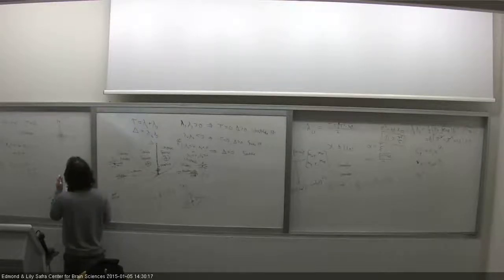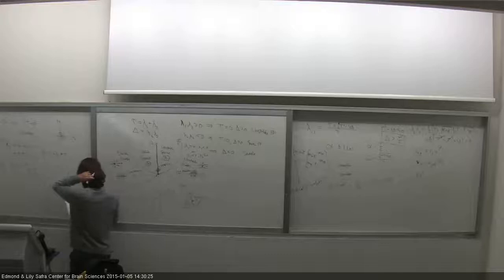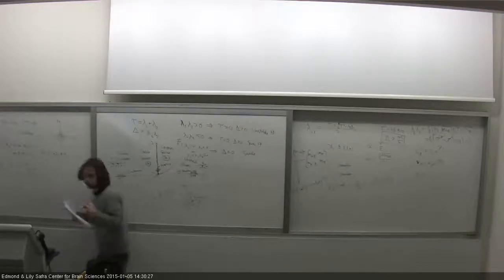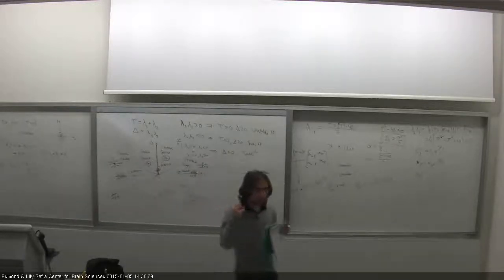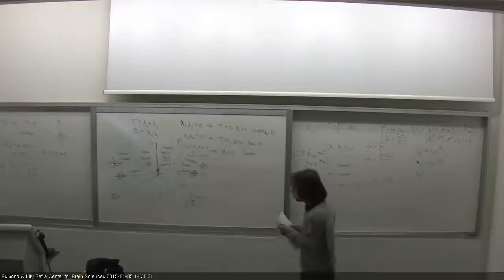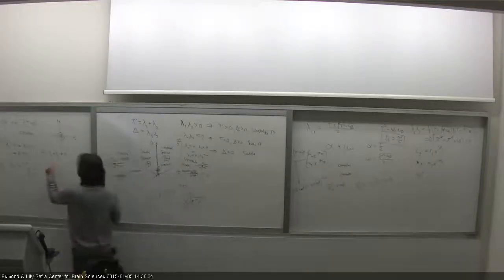The fourth special case, lambda 1 equals lambda 2, but they are not equal to 0. So here we break this down into two cases. The first case is that we still have two independent eigenvectors.